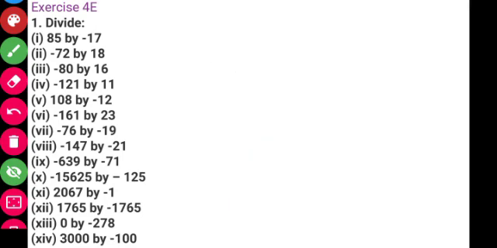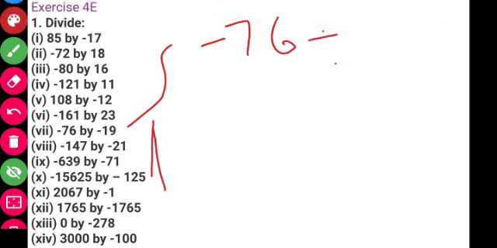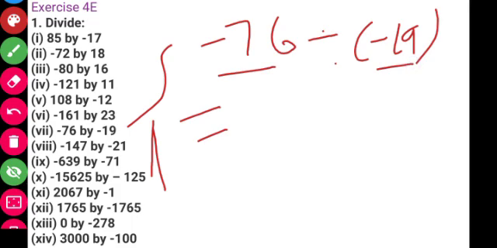Now 10th part, in question number 9, here 7 8 9 10 all have same sign, so in this case answer will be positive. Like 7th part, it is given minus 76 is divided by minus 19. So here both have same sign, so divide this, 76 divided by 19 will be 4.